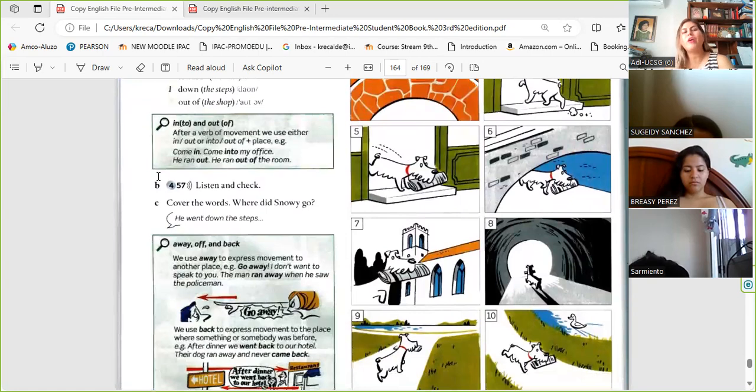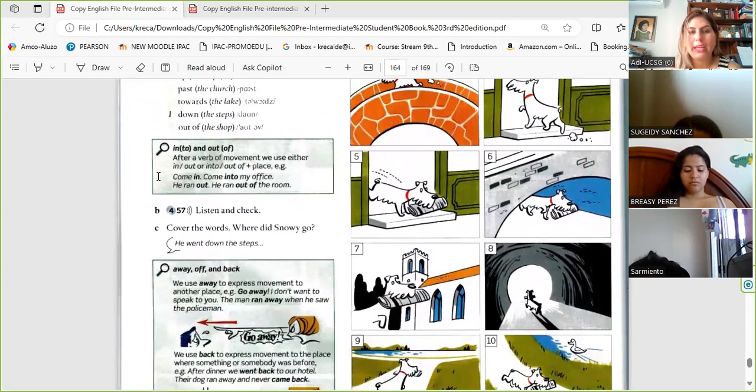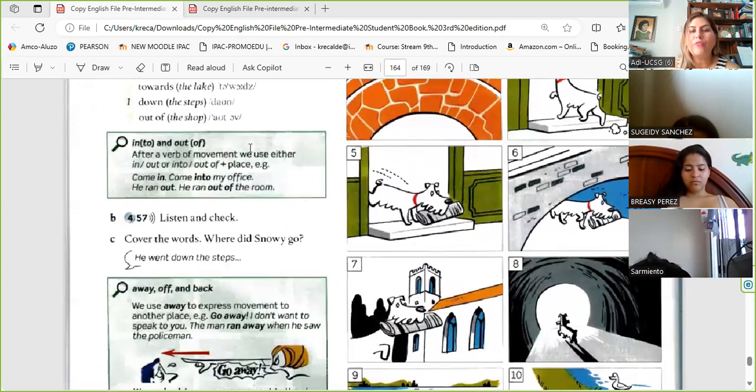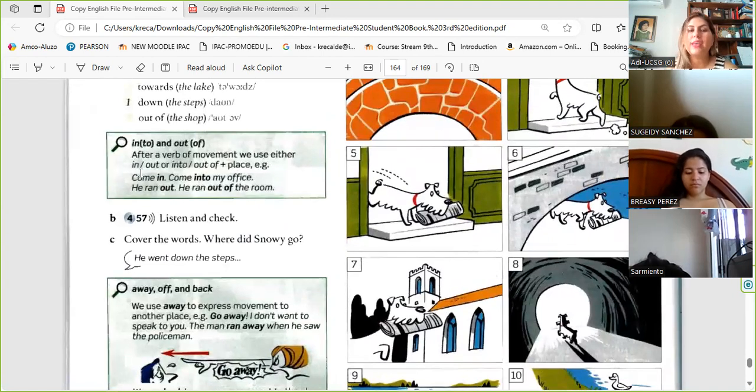Okay, so for example, into and out of, like here says, after a verb of movement, we can use in, out, or into, out of. As I was explaining, when you have a noun, you use into. When you don't have a noun, you use in. Like coming, you don't have a noun.